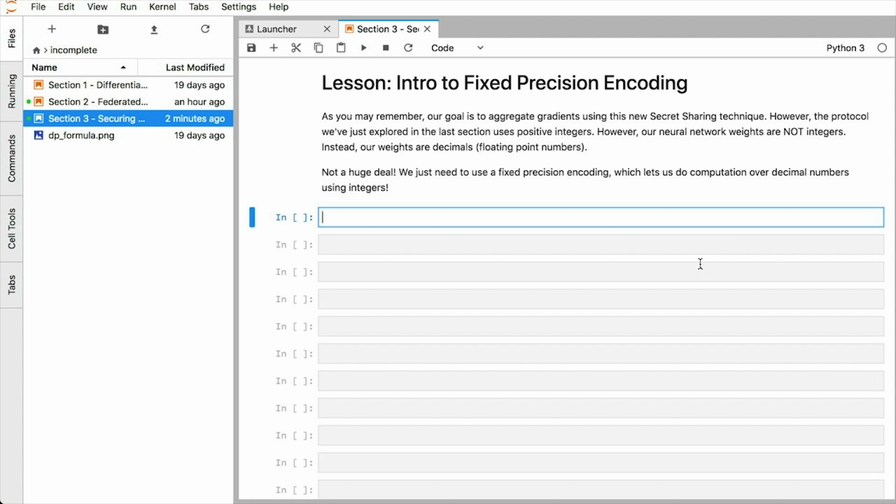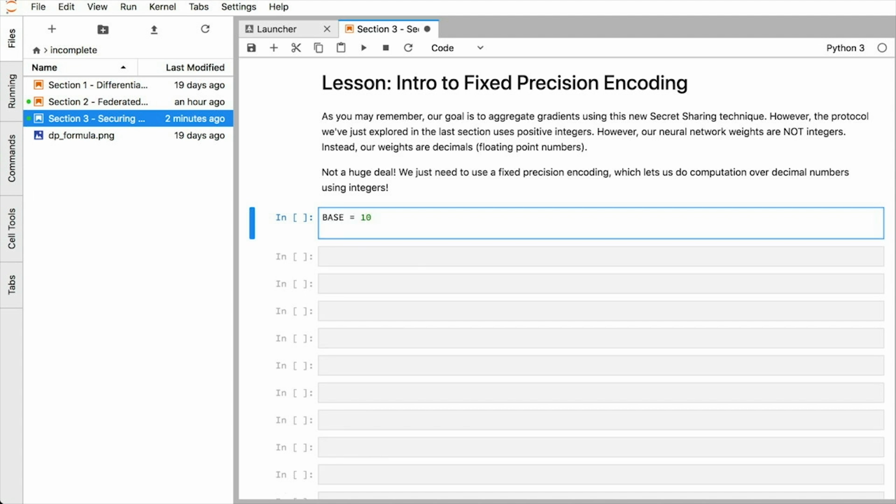So the first thing we want to do is choose what precision we actually want to represent, which means how many decimal places we want to encode our numbers with, right? If we're going to take a decimal like 0.5 and encode it as an integer, we have to know how much storage we want to set aside for information after the decimal point. So we need to set our base, which we're going to use base 10 encoding, which is normal encoding if you want to think about it that way.